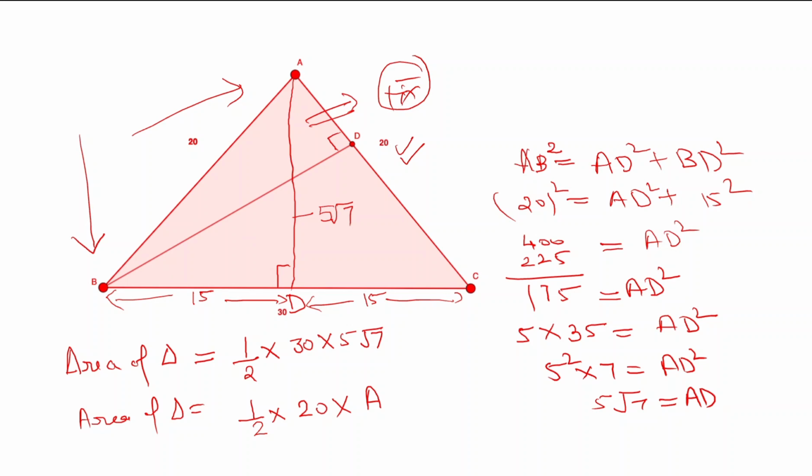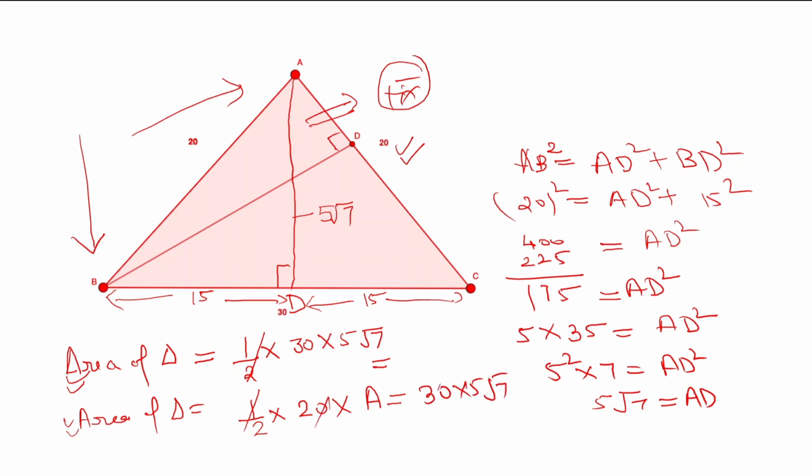So this is a very powerful trick, guys. Please do listen and take care of this very carefully: if the area is constant, then I can equate these two expressions. If I equate these two things, this will get cancelled. So can I write 20 times A is equal to 35 root 7?